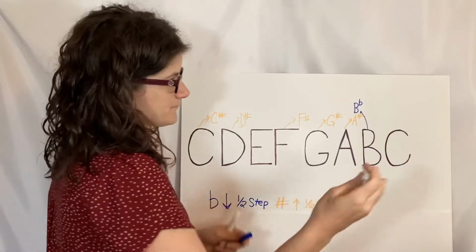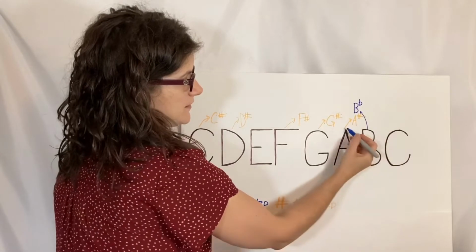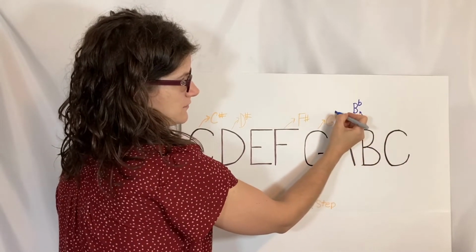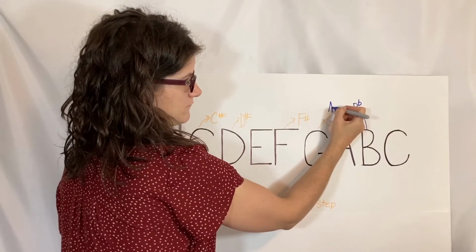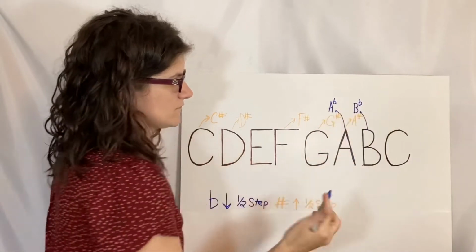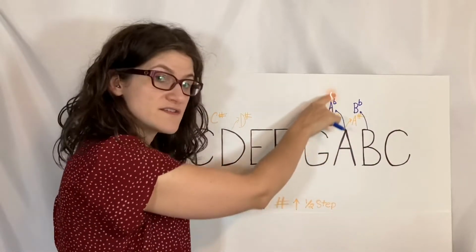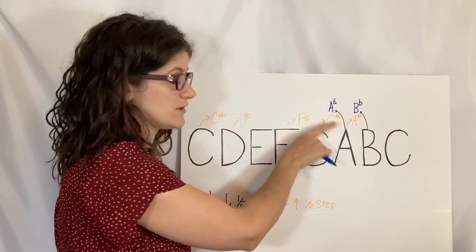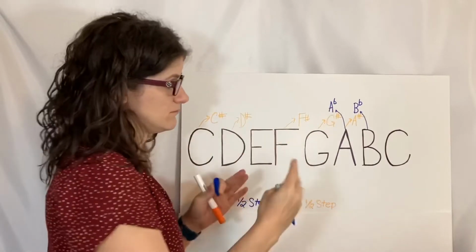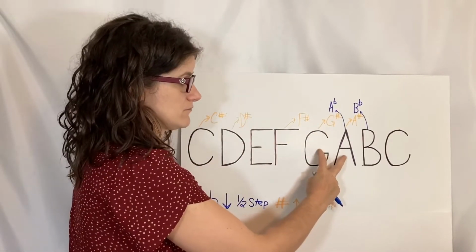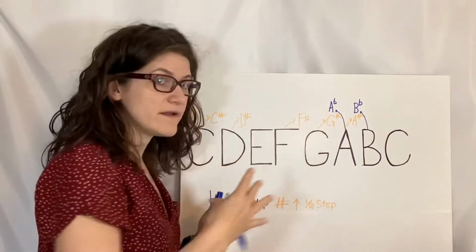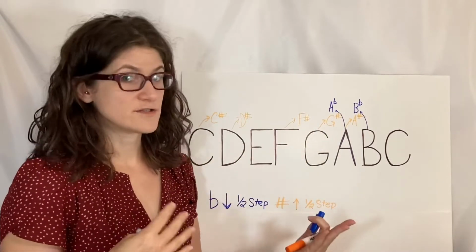Let's do another. Let's say I want to play an A flat. So it becomes this in-between note here. There's only one pitch in between A and G. We can call it an A flat, we can call it a G sharp.